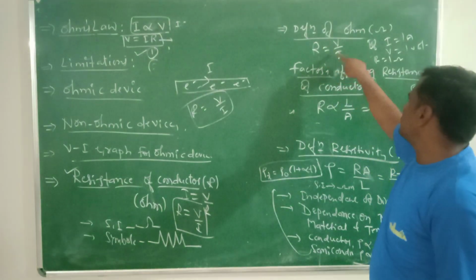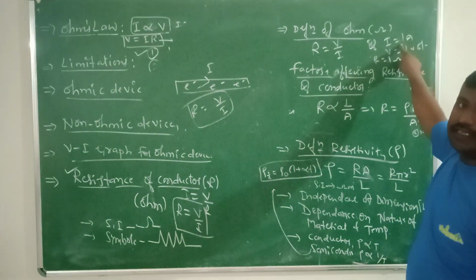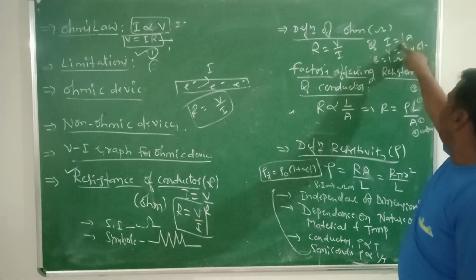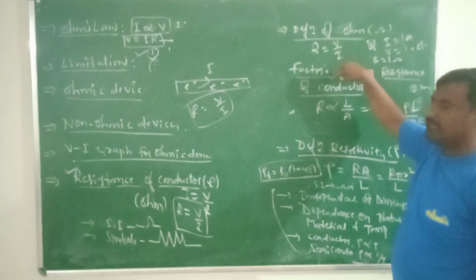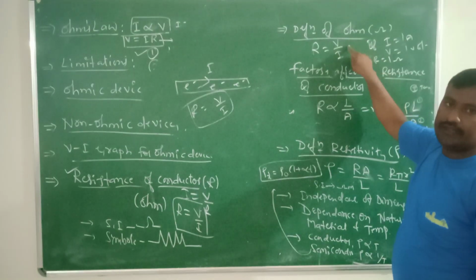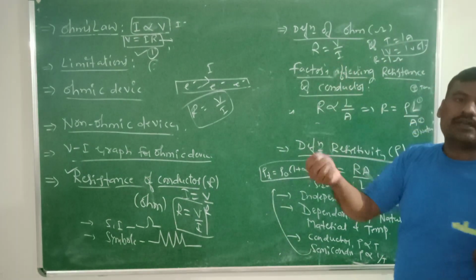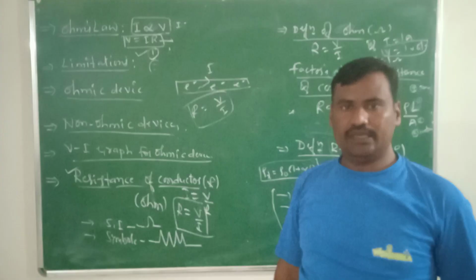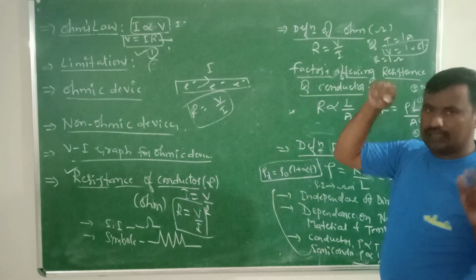Resistance of a conductor is said to be 1 ohm if 1 ampere of current flows through the conductor when a potential difference of 1 volt is applied across the ends of the conductor.